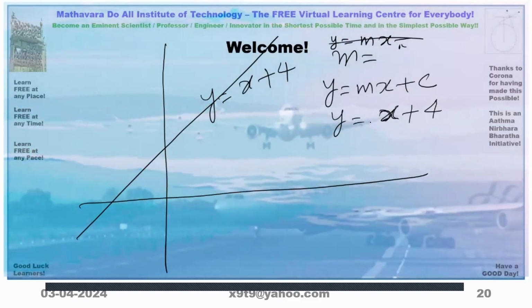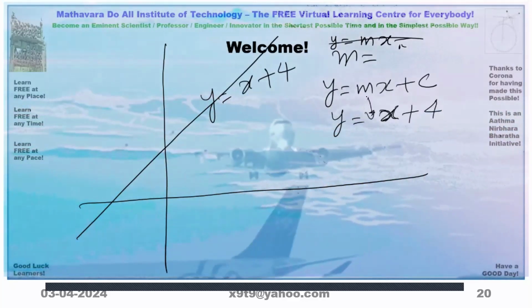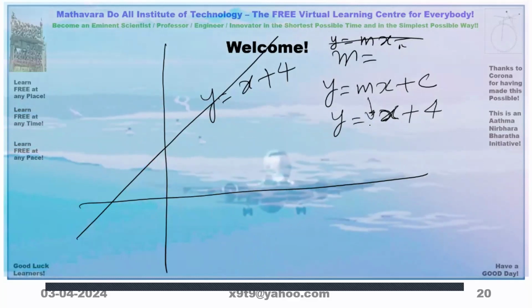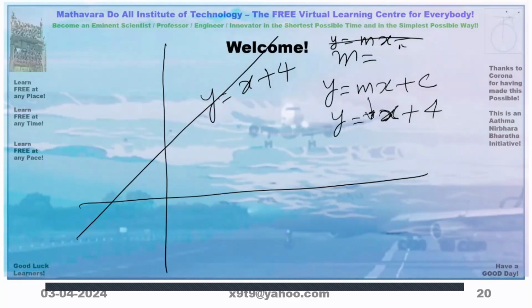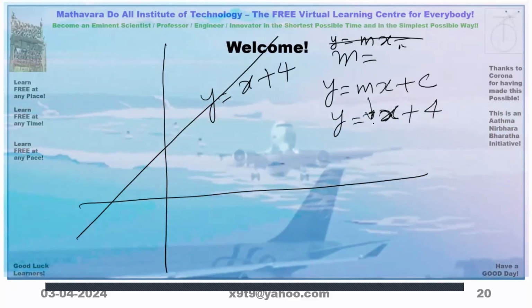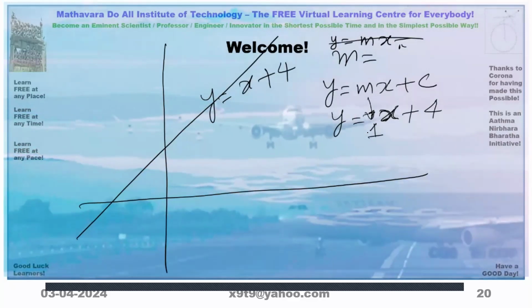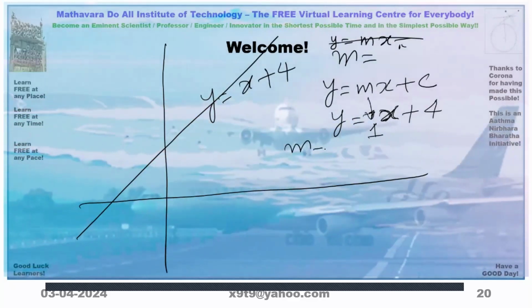M is the gradient. No, how much is m here, the number? It is the coefficient of x. If nothing is there, we take it as 1. So m is 1.